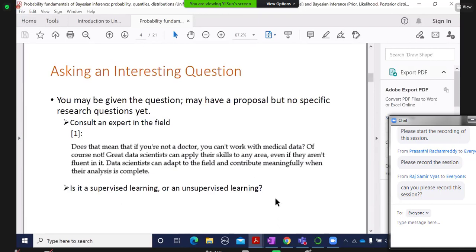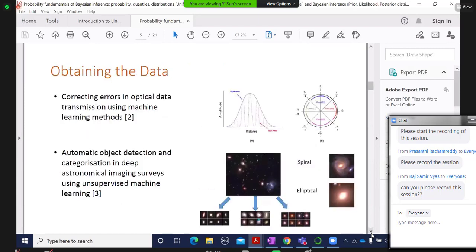Okay, once the question is defined, you need to think about what methods can be used to solve the problem. For example, is this a supervised learning problem or unsupervised learning problem? Okay, so this is the first stage of asking an interesting question.